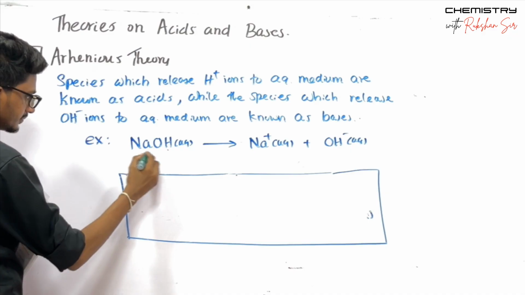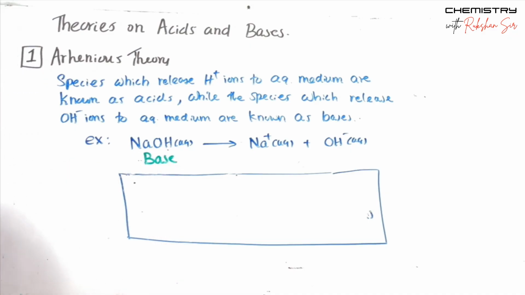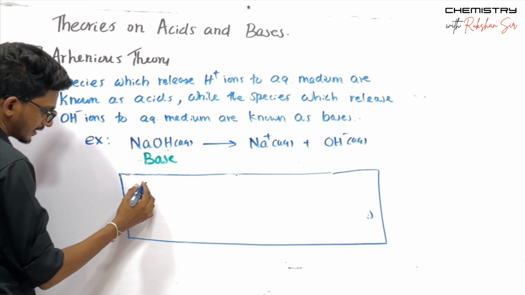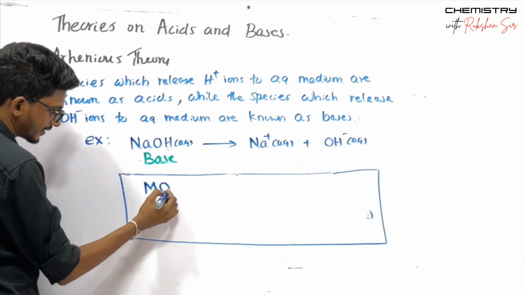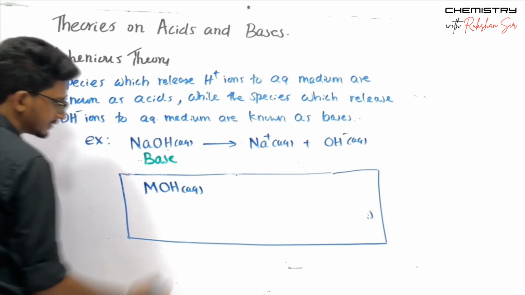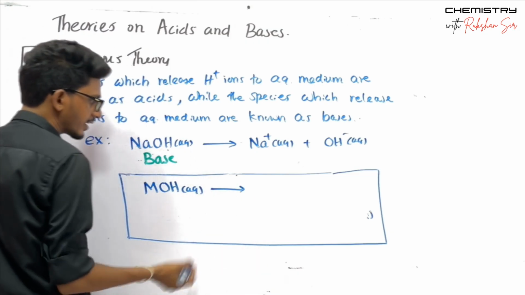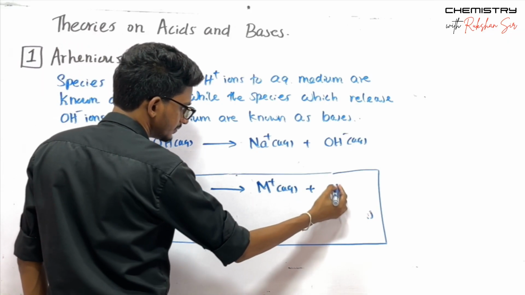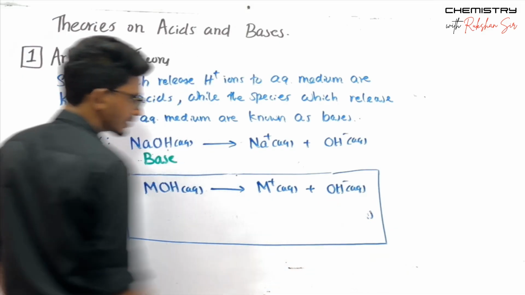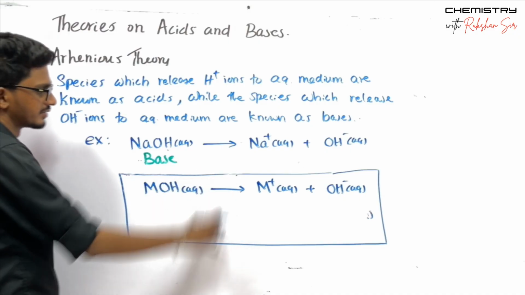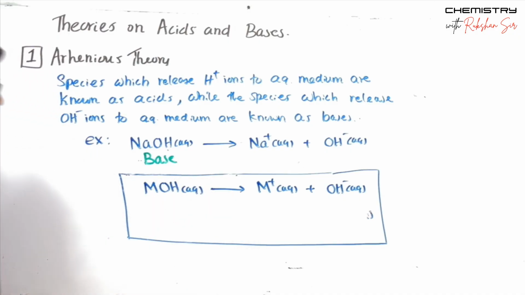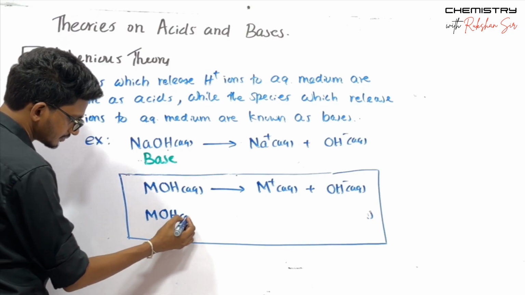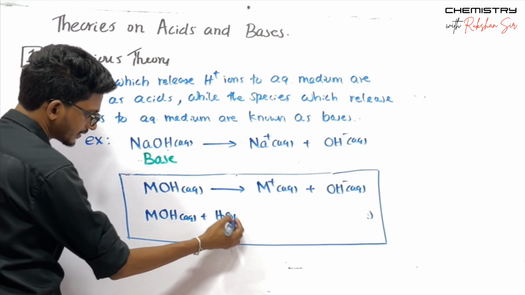Now, in general, we can write the equation like this: if MOH is a kind of base, it will release some OH minus ions like this to the aqueous solution. Or one can write it like this, with water as a reactant.